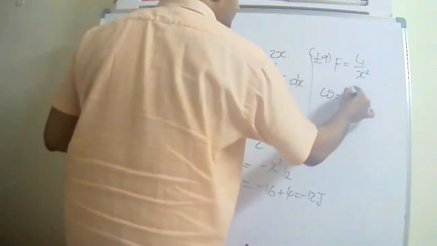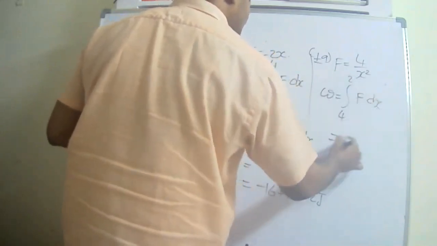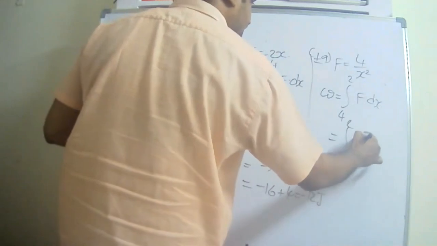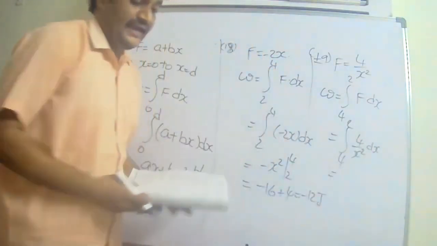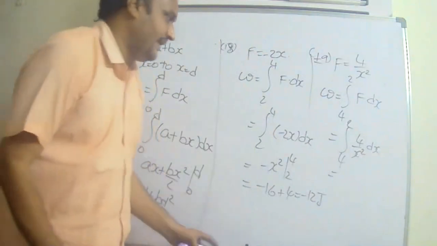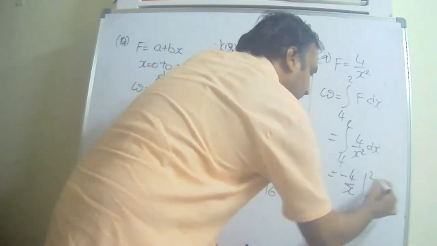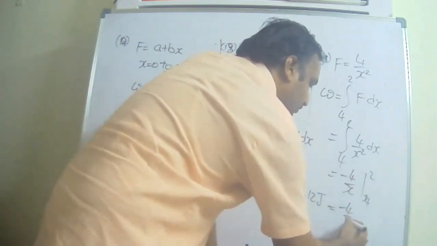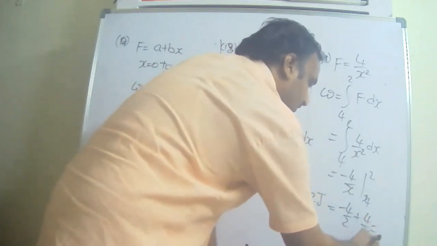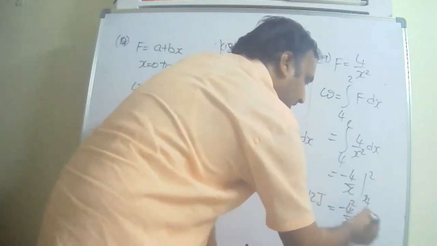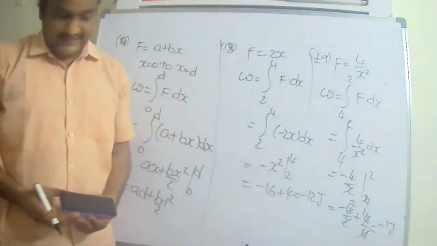So work done is equal to the integral from 4 to 2 of 4 by x square dx. The integral of 1 by x square is minus 1 by x, so minus 4 by x. Upper limit minus lower limit: minus 4 by 2 minus of minus 4 by 4, so minus 2 plus 1, which is minus 1. So the work done is minus 1 joule.